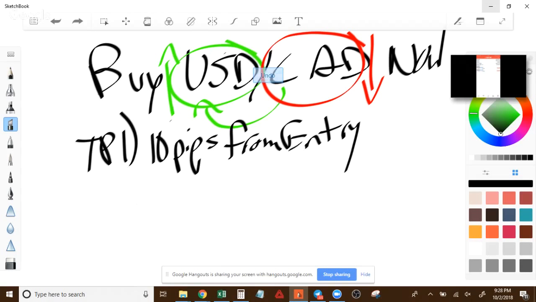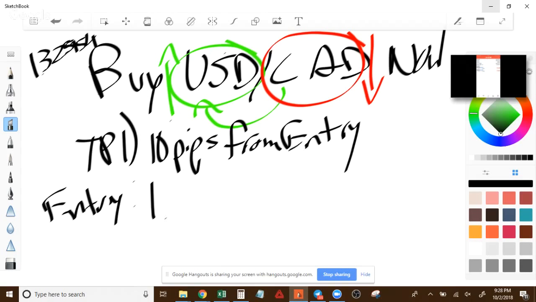Okay. So my entry is the entry that we got right there, 1.28277. Right. So the number that's all the way to the right here is just too small. So we're gonna act like it doesn't really exist.